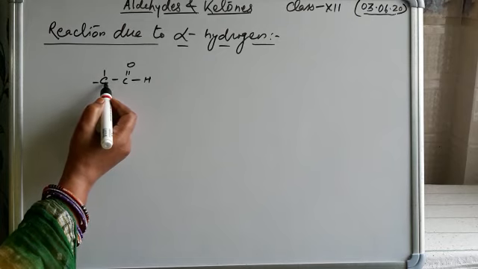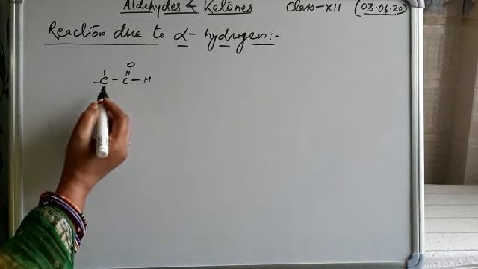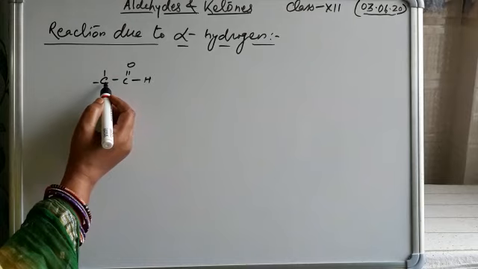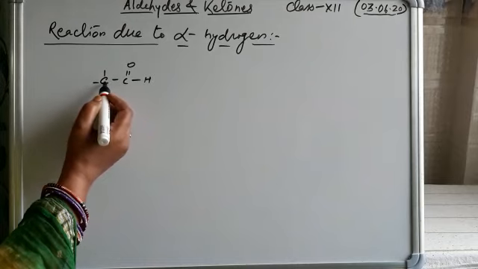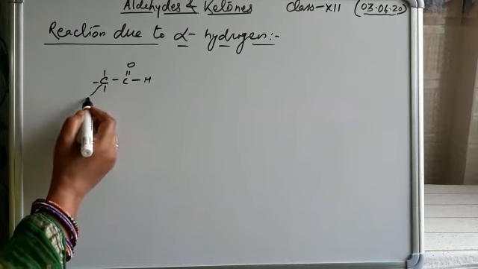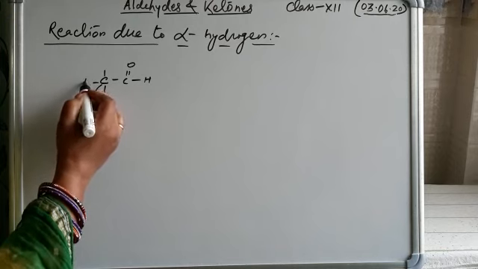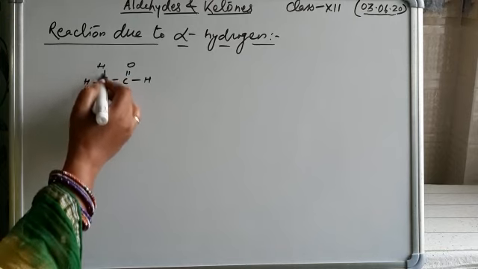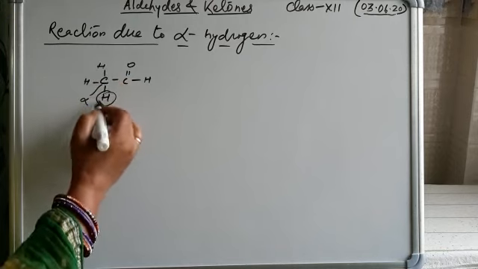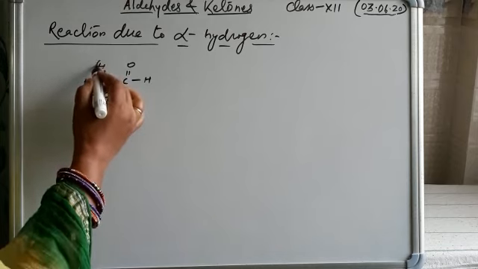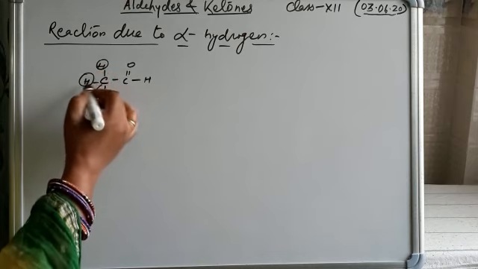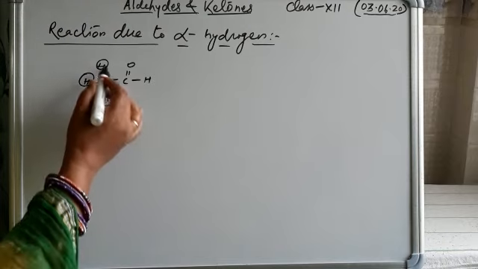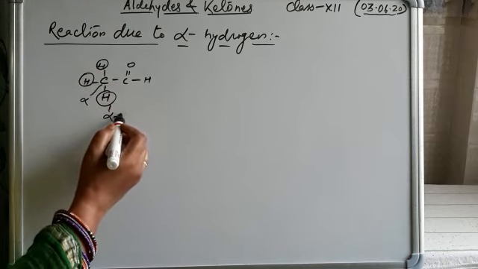So this carbon is known as alpha carbon. Just the carbon adjacent to the functional group is known as alpha carbon, and hydrogen present on the alpha carbon is known as alpha hydrogen. All these are present on the alpha carbon, so all these are known as alpha hydrogen.